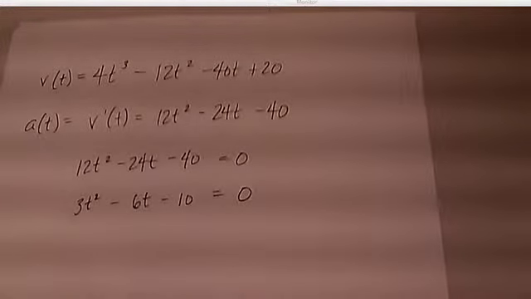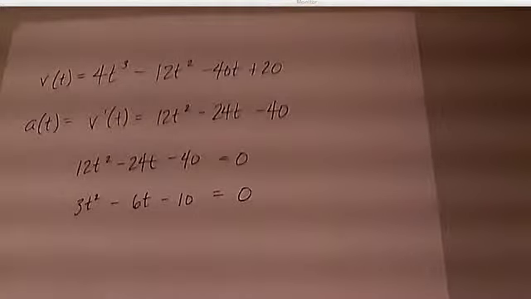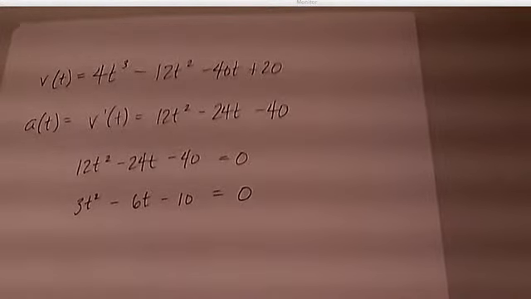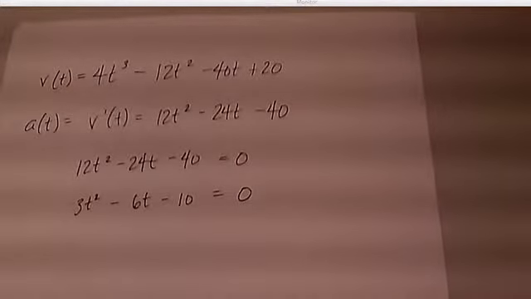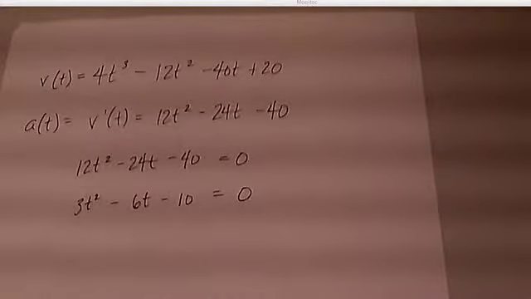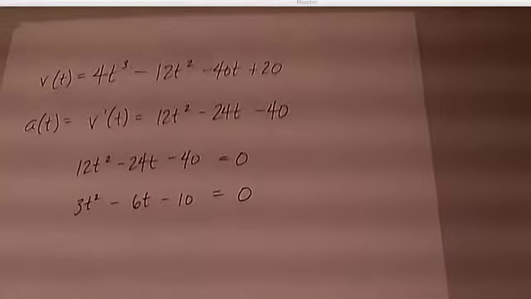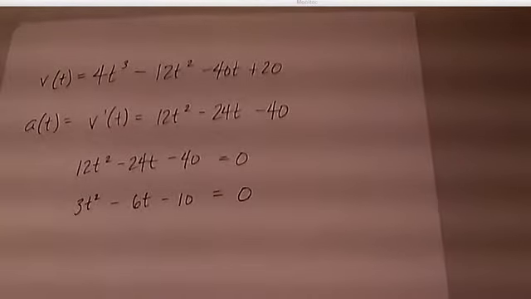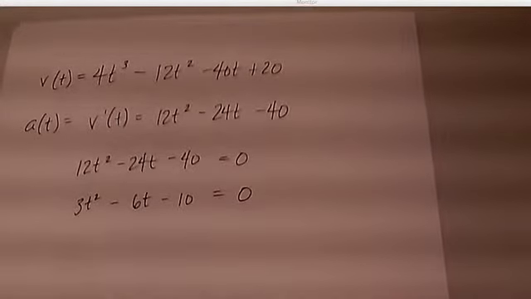Well, when the acceleration is equal to 0, it's possible that the velocity is changing sign, that the particle is no longer speeding up, it is now slowing down. Because when acceleration is positive, the velocity is changing positively.